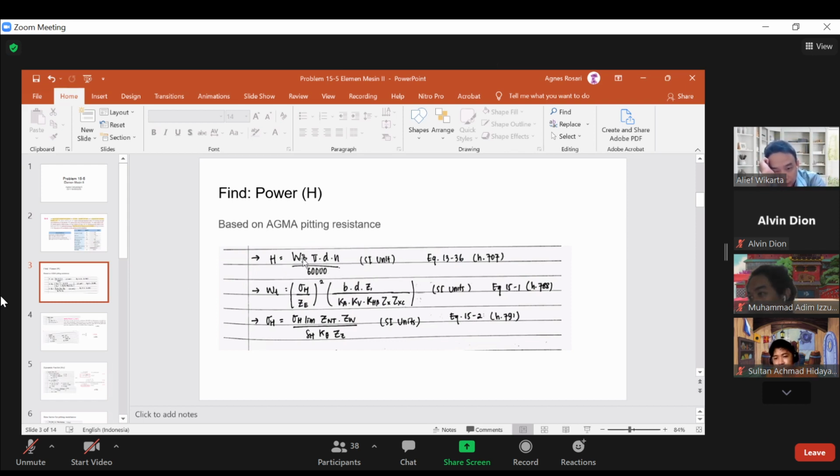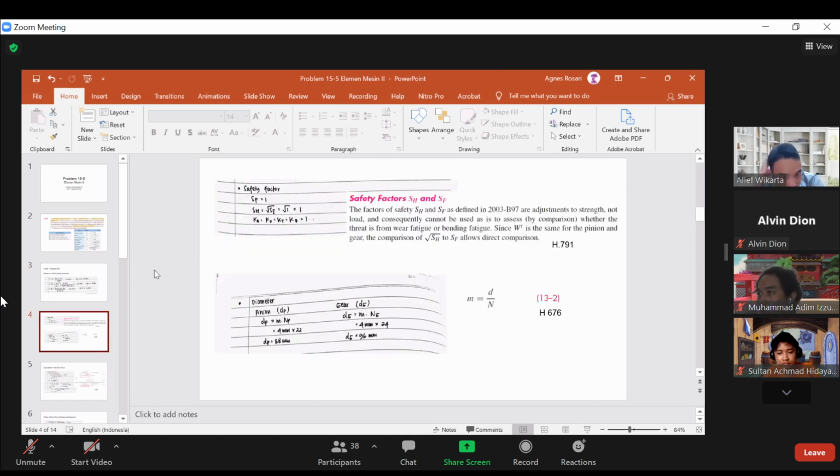And then to find the power, we need the transmission load, which we can find using this equation. And we also have to find the other parameters first. First we find the safety factor since it's straight bevel. So the safety factor is 1.